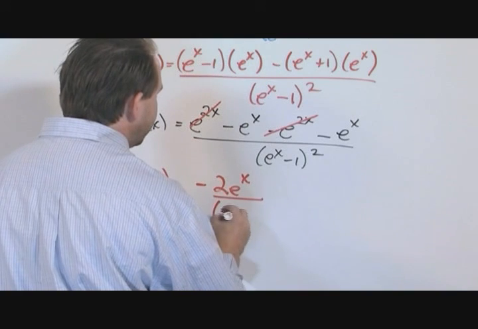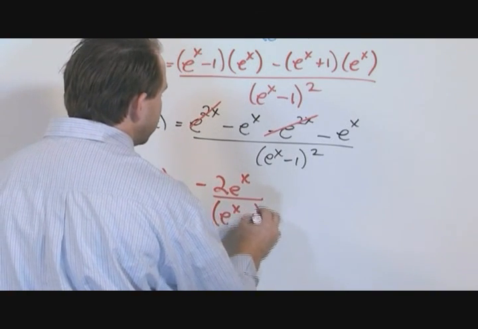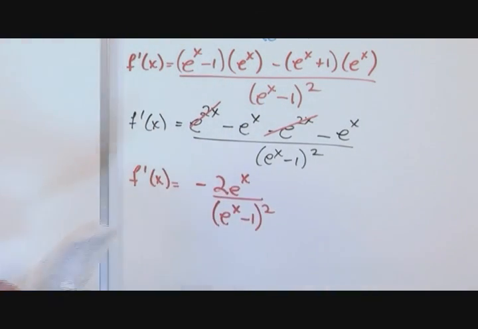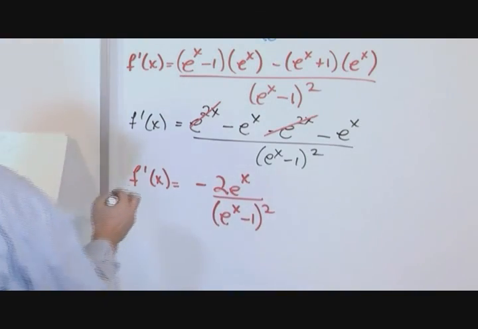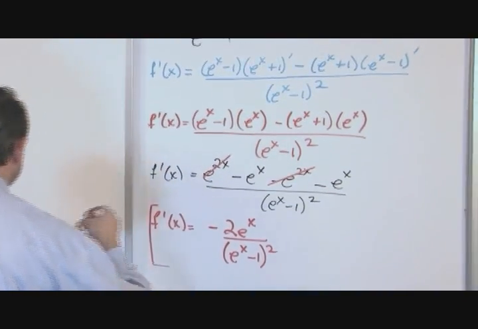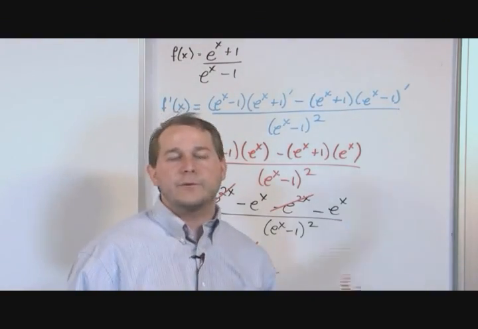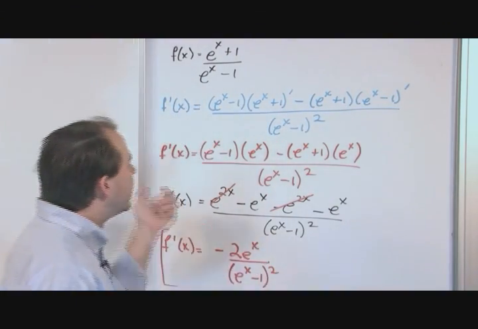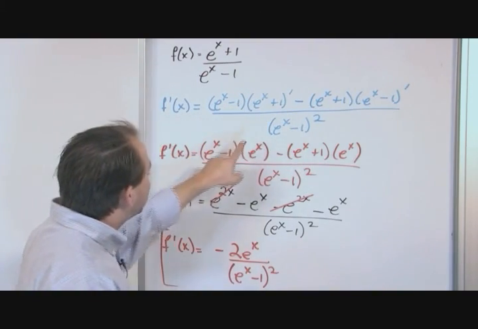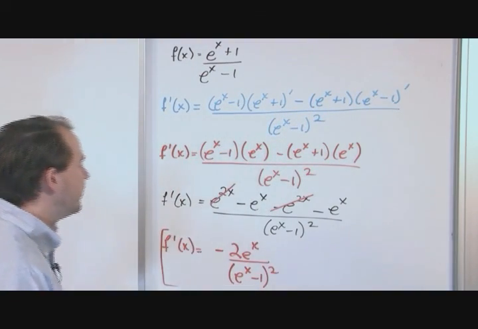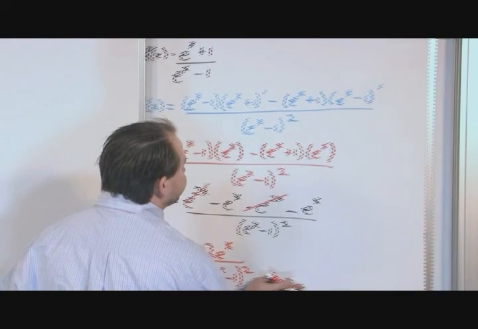On the bottom, e to the x minus 1 squared. So the answer is negative 2 e to the x over e to the x minus 1 squared, and that's the final answer. But you see, it's the same process. You're just using the quotient rule exactly as we've done for all the functions until now. It's just that when you get to the derivative part, you have to apply what you've now learned and simplify the results accordingly.